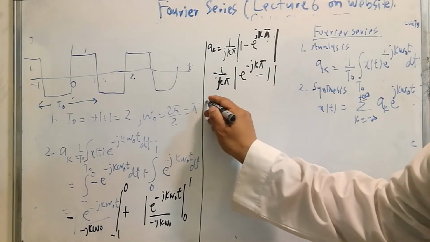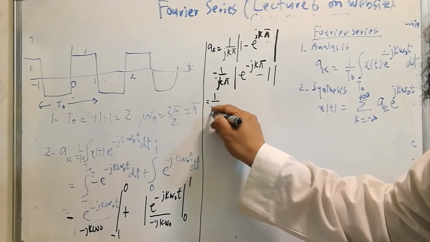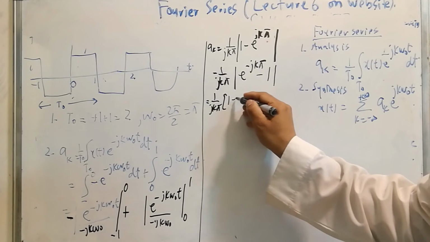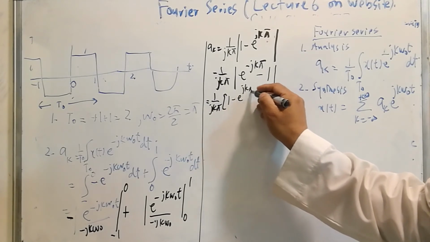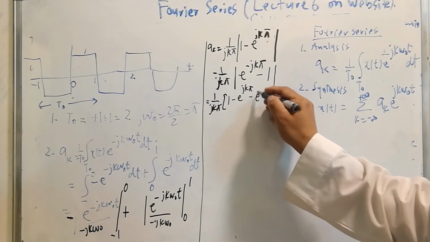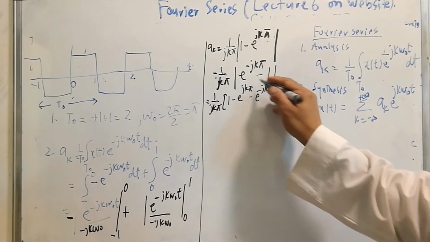So it will be equal to, I can add the two, j k pi, 1 minus e raised to the power j k pi minus e raised to the power minus j k pi plus 1.